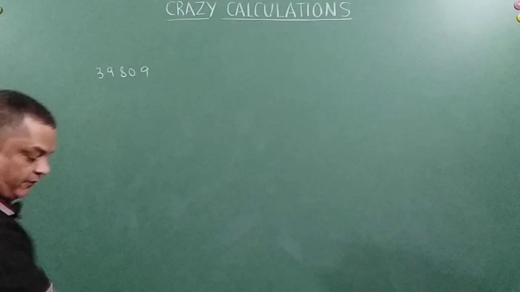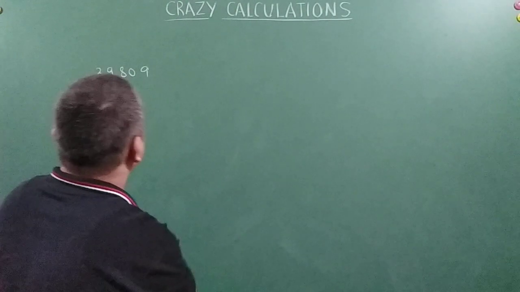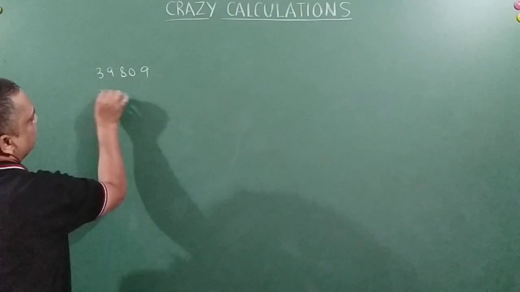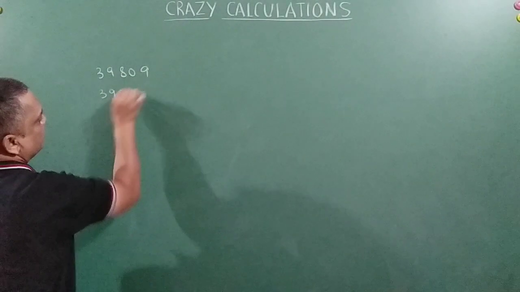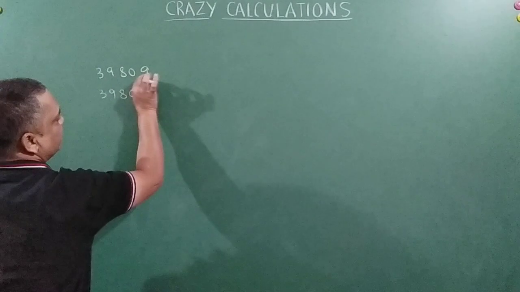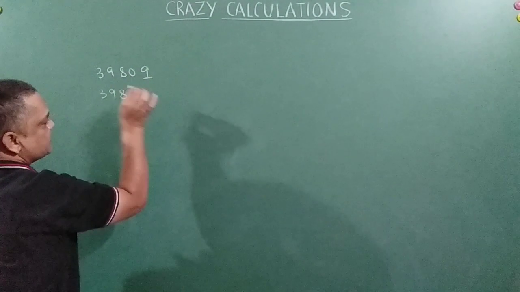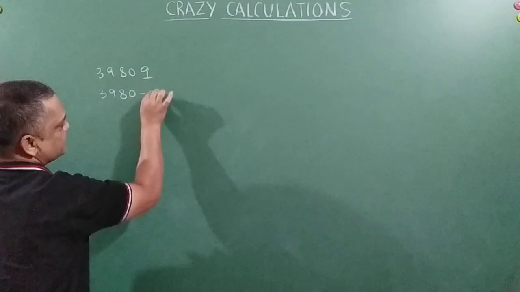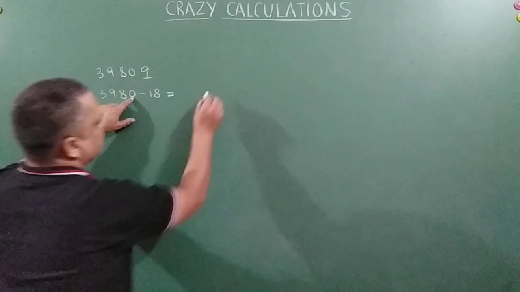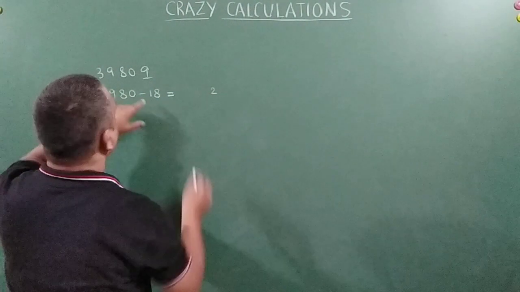Right friends, we want to find out whether this is divisible by 7 or not. So 3980. Okay, last digit is 9. So what we will do is leave everything apart from the last digit, minus the double of the last digit. That's it, right?